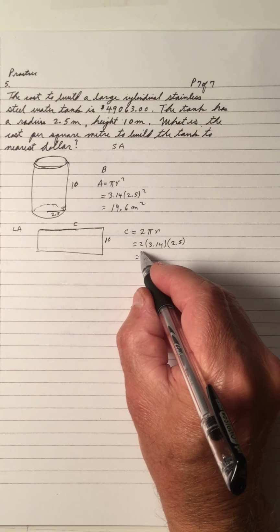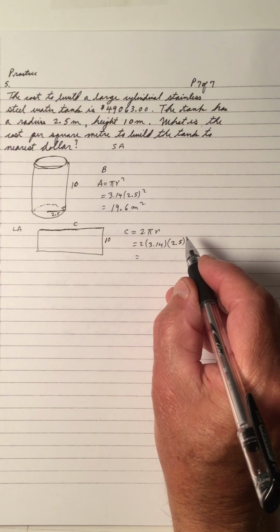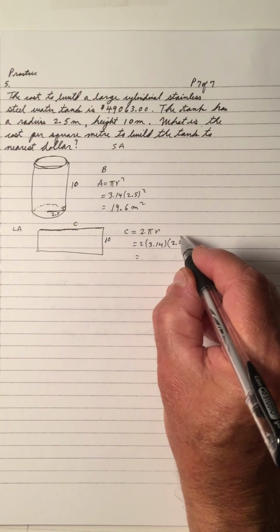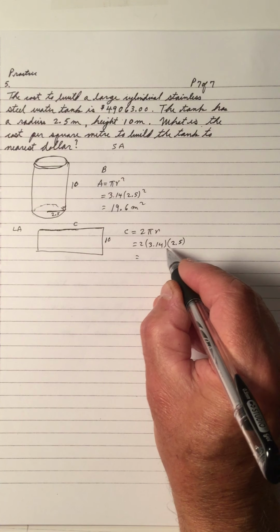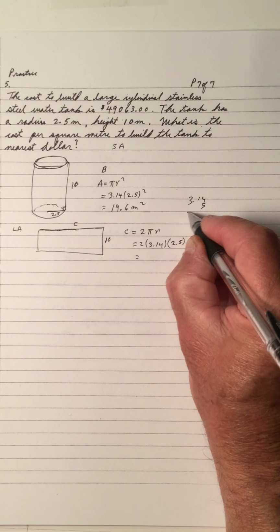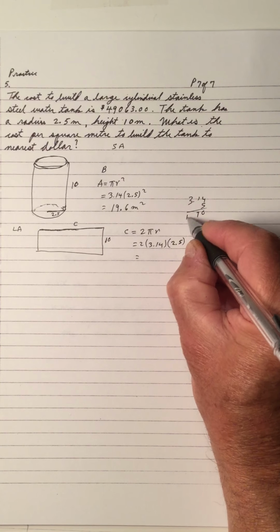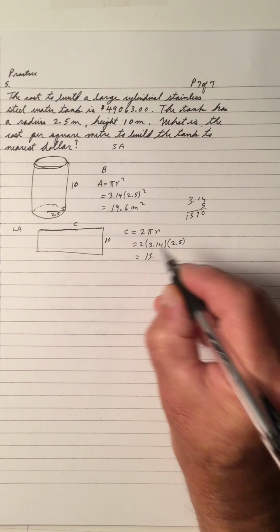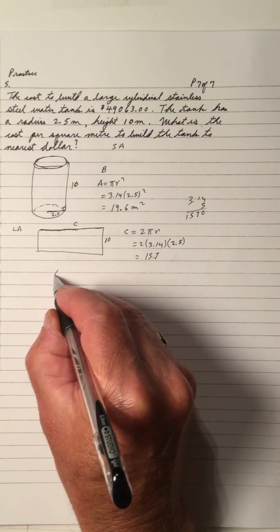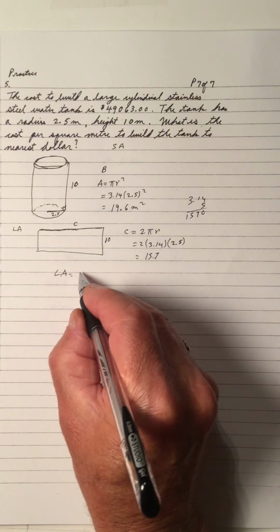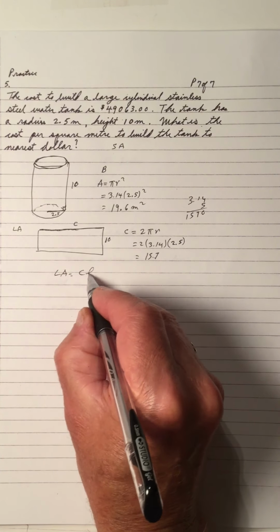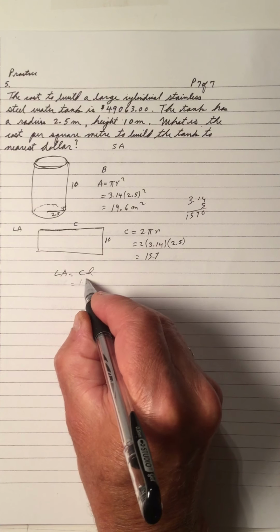When we work it out, that's 5 times 3.14, which is 15.7. And so the lateral area of the cylinder, we could have worked it out all together, but we could say it's like that, and it's 15.7.